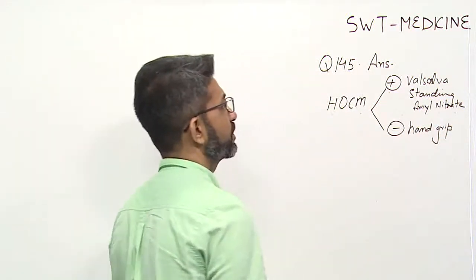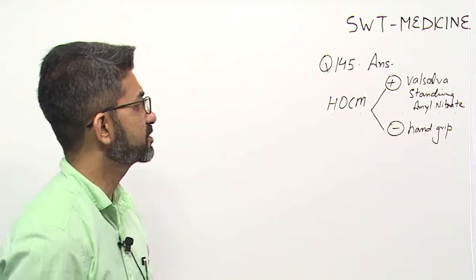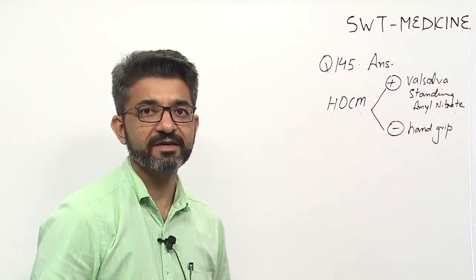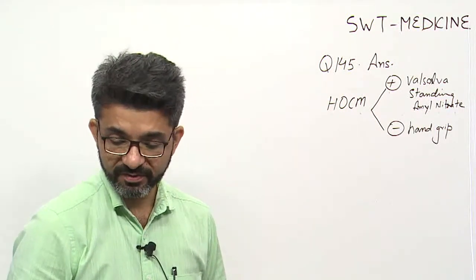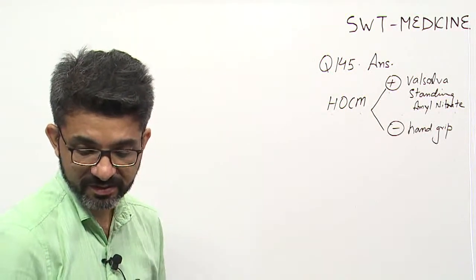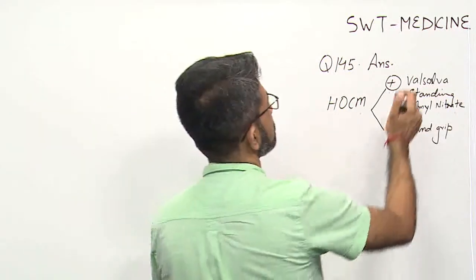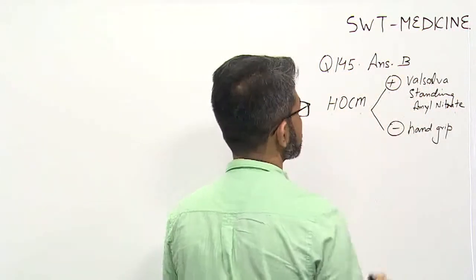Right, HOCM murmur increases by Valsalva, standing and amyl nitrate, and it decreases by hand grip. So the answer for question number 145 is B.